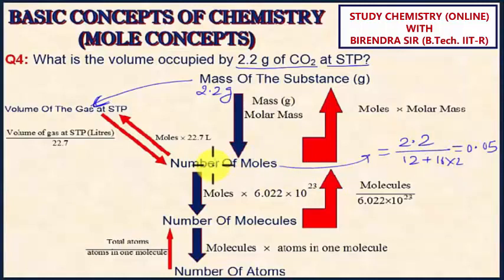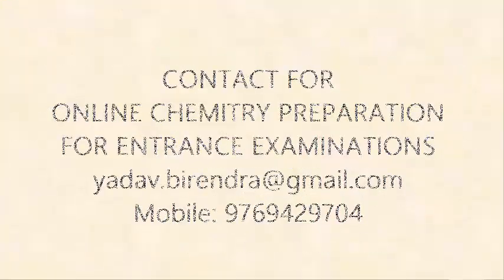Once you know the number of moles, it can be converted into volume of the gas at STP. How? By multiplying by 22.7. So this way, volume at STP comes as 0.05 into 22.7. And if you solve this, the value comes as 1.135 liters. Now I'll take another question here.